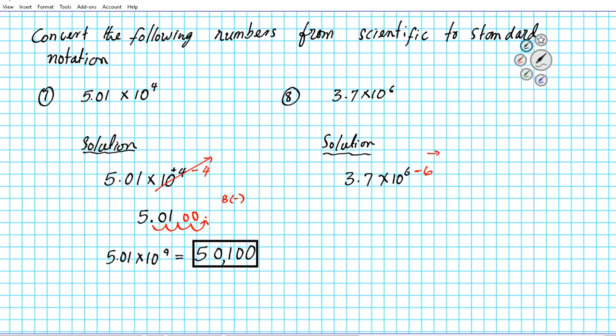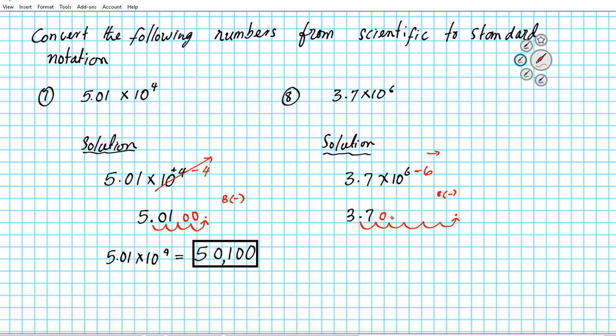So we bring down the actual number, 3.7, the number between 0 and 10. Since we are subtracting 6 from the power, we're going to move negative 6, to the back. Remember, the back side is negative. So we move it 6 units: 1, 2, 3, 4, 5, 6. There you have it.